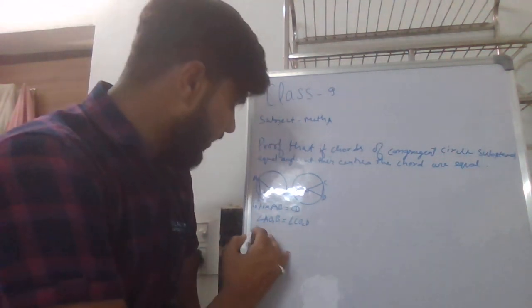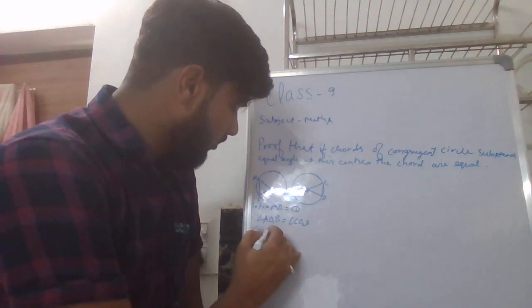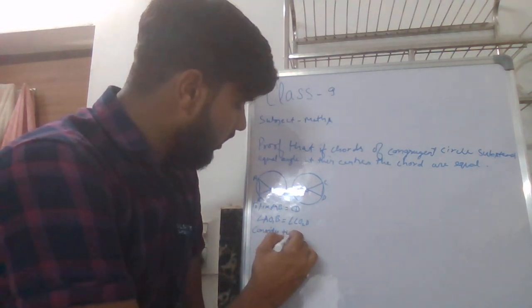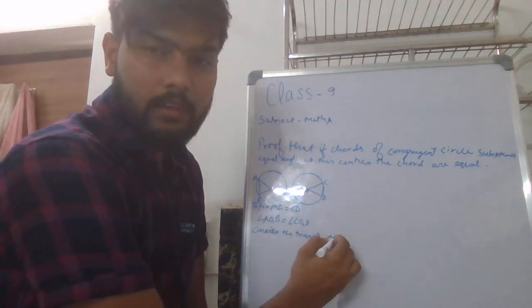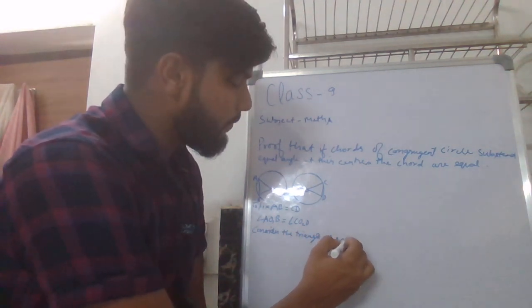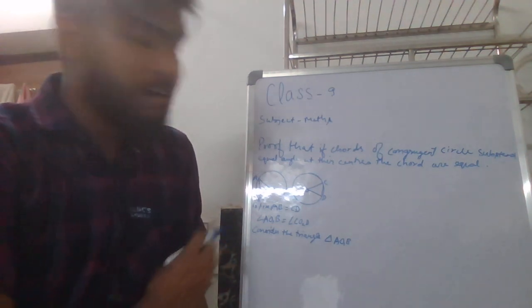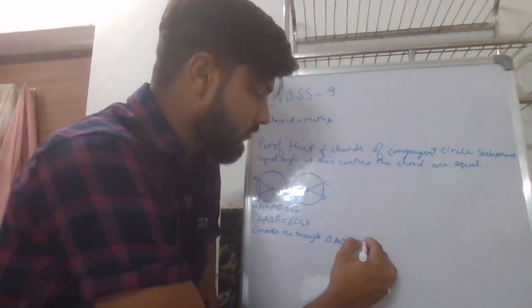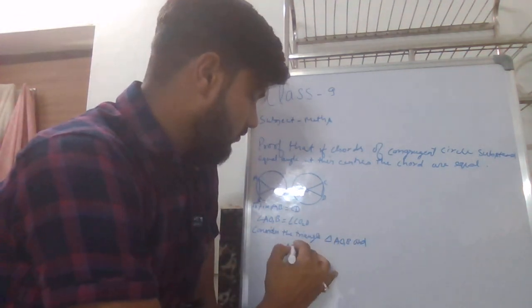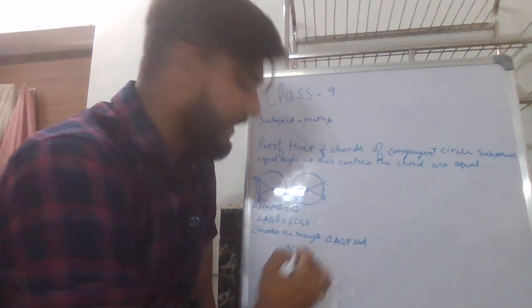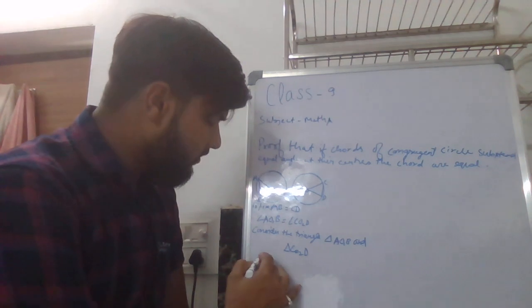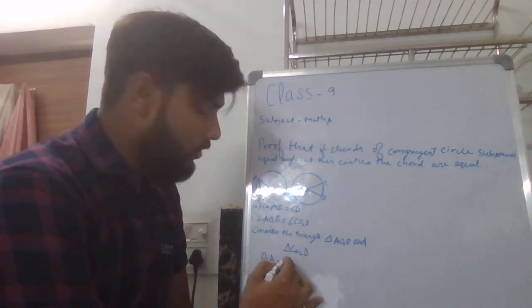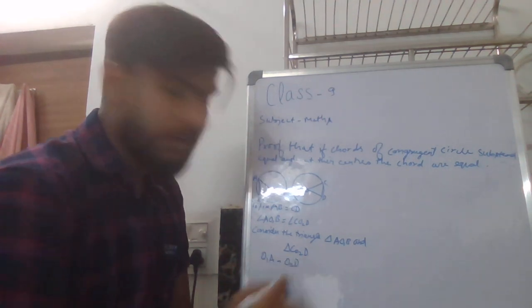I will write here, consider the triangle AO1B and triangle CO2D. Okay, so after that we can see that O1A is equal to O2D.